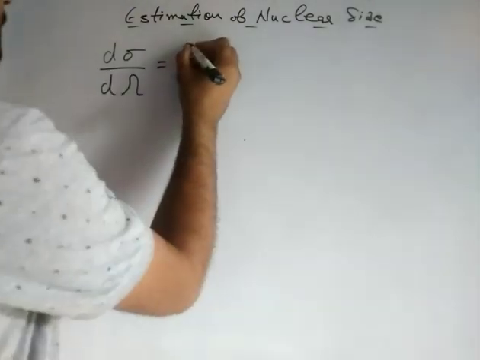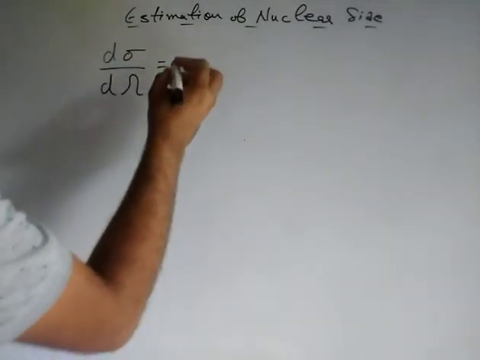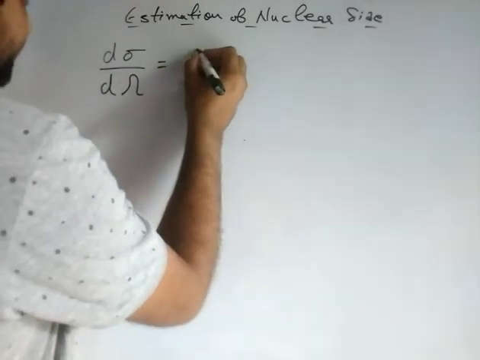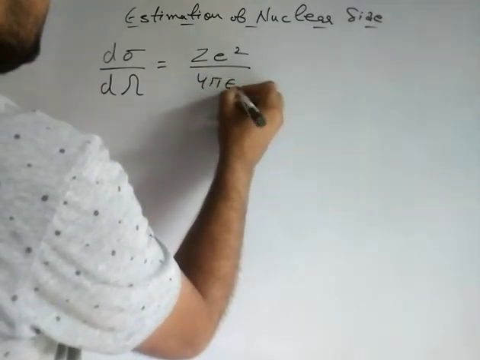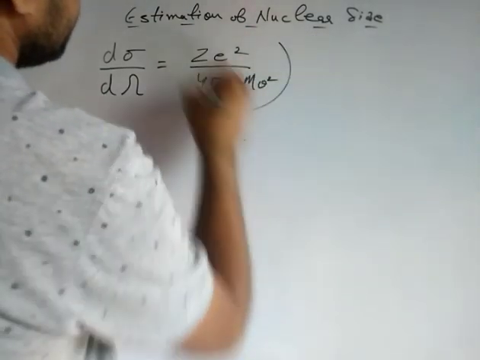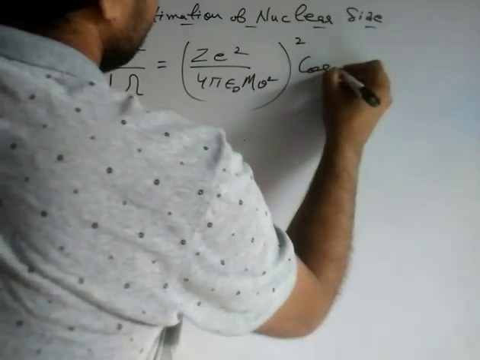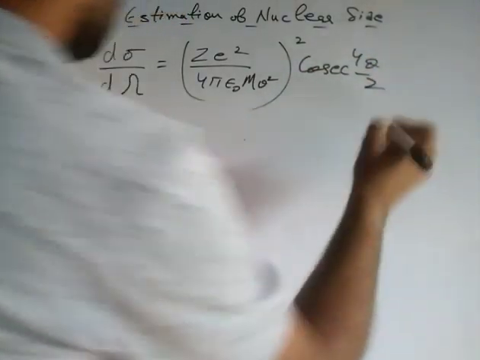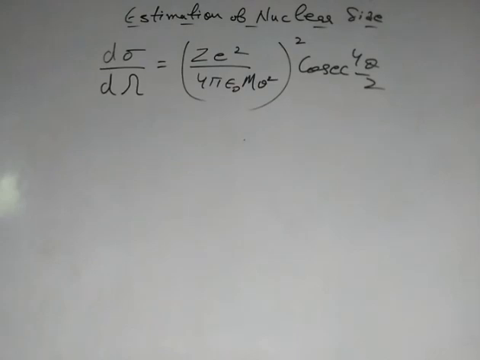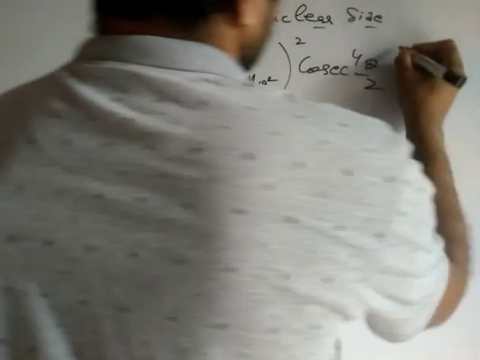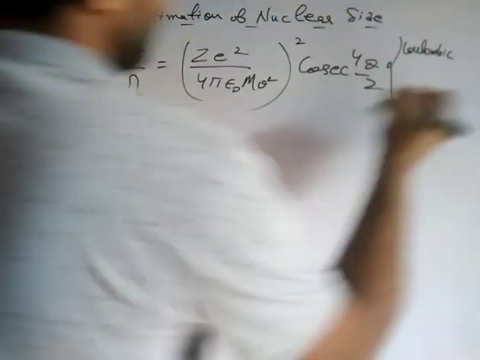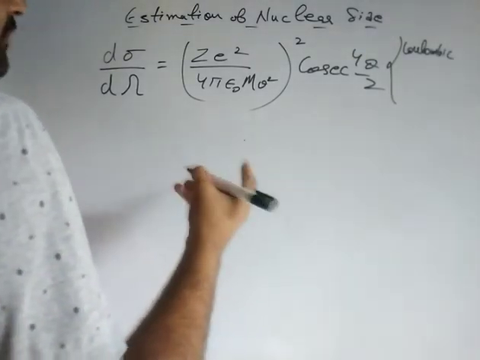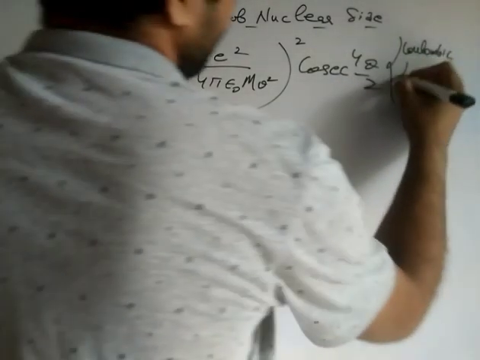This is the Rutherford scattering formula: d sigma by d omega is equal to (Ze squared upon 4 pi epsilon naught m v squared) whole squared into cosecant to the fourth of theta by 2. This formula has been derived on purely Coulombic interaction. There is no nuclear interaction involved in the Rutherford scattering formula. Only Coulombic interaction.